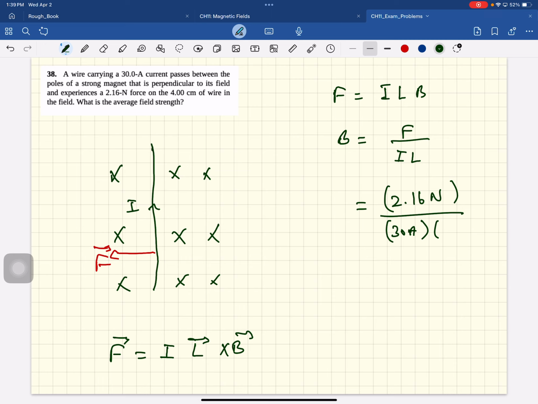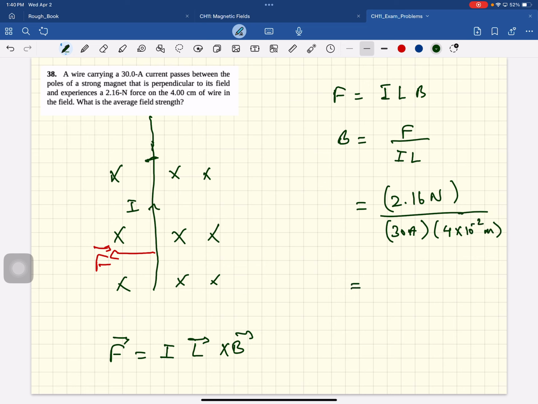Is there a force on the wire that is not in the magnetic field? If you're not in the magnetic field, there's no force. Okay, so only the charges that are in the presence of a magnetic field feel a force. All right, L is 4 centimeters, 4 into 10 to the minus 2 meters.